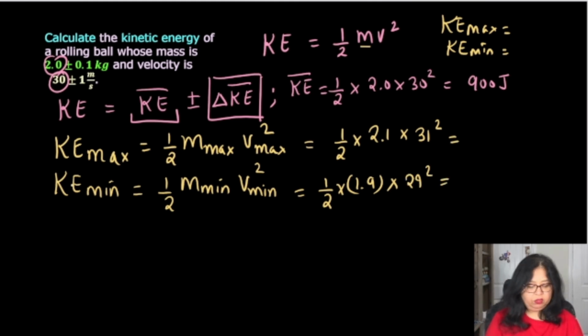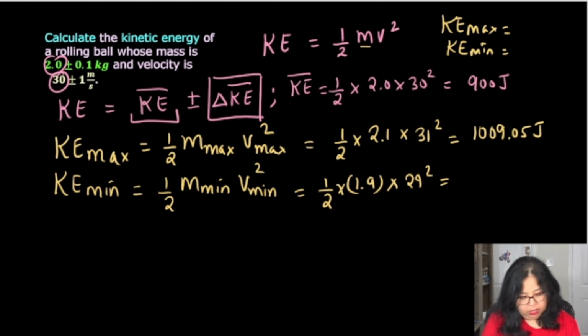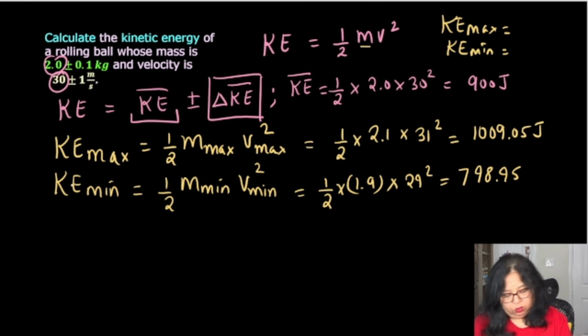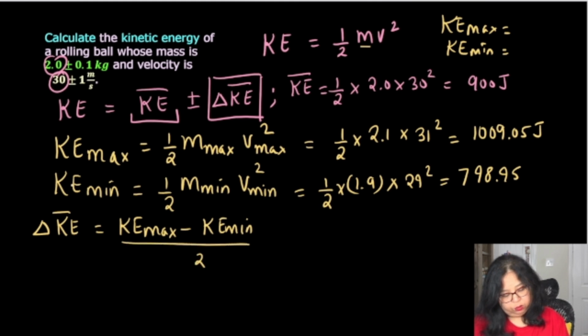All right, what are these values equal to? The first one, 0.5 times 2.1 times 31 squared is 1009.05 joules. And KE min is 0.5 times 1.9 times 29 squared, 798.95. So delta KE bar will be equal to KE max minus KE min divided by 2.